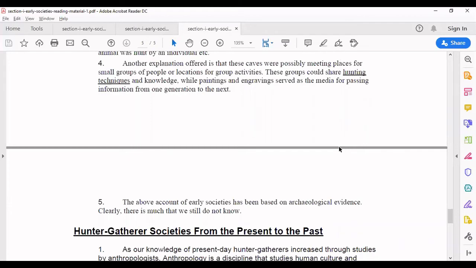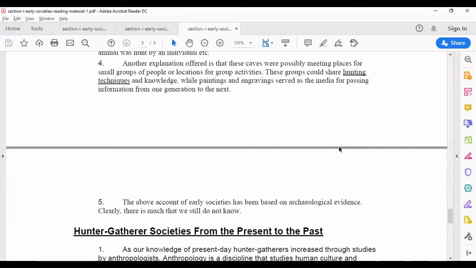Another explanation is that possibly these caves were meeting places for small groups of people, or they were locations for group activities. And these groups shared their hunting techniques and knowledge through paintings and engravings.